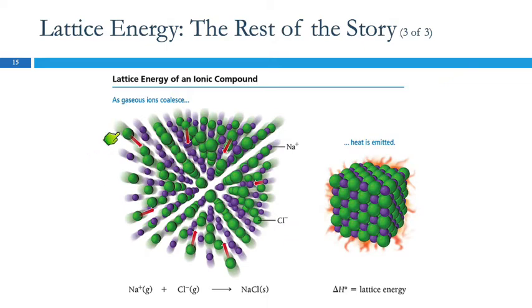So here we have gaseous ions. We've turned sodium atoms and chlorine atoms into ions, and they're all in the gas state, and they're going to be attracted to each other, and so they're going to go, whoo, just come together, right, and make this sodium chloride crystal.